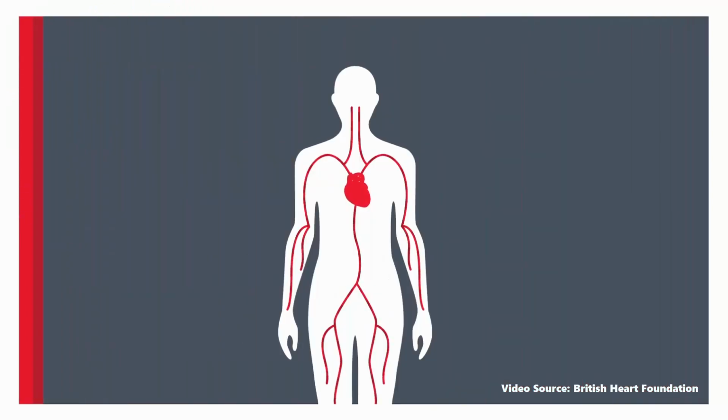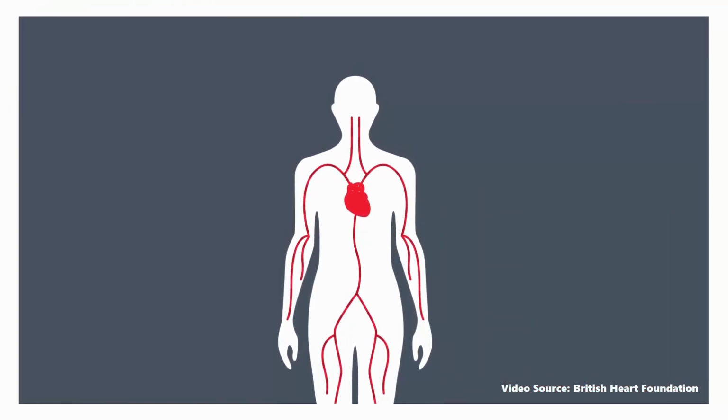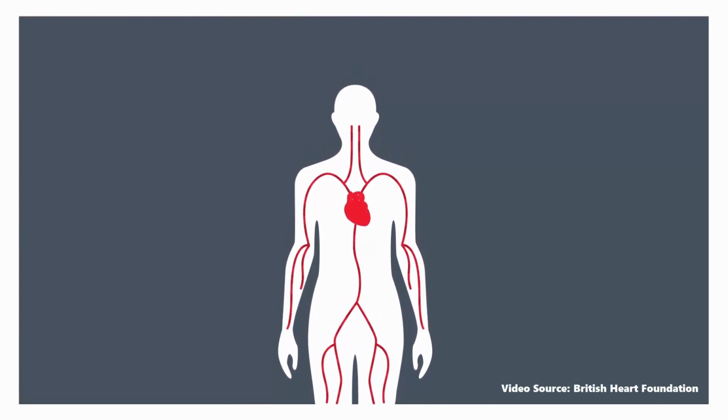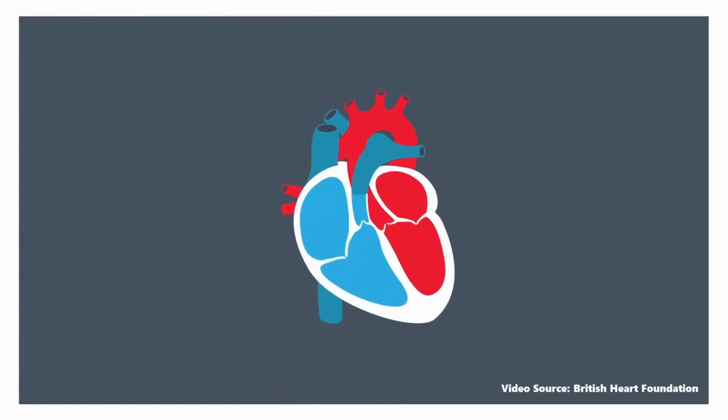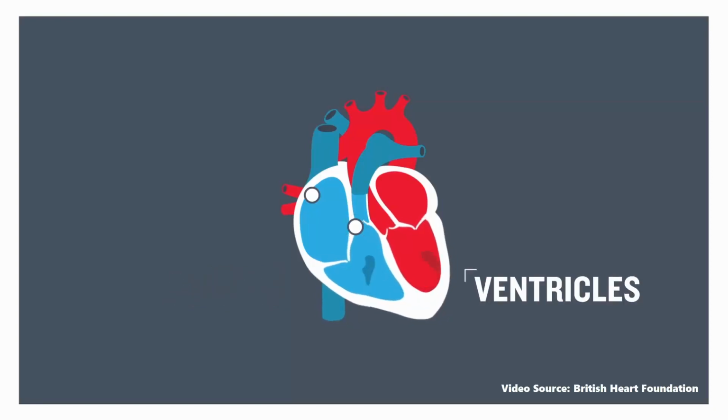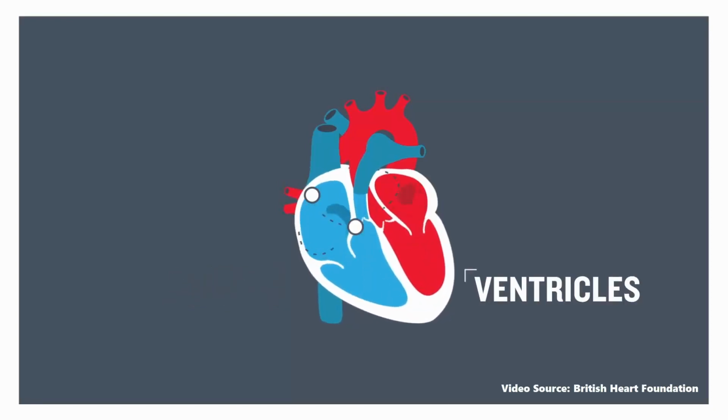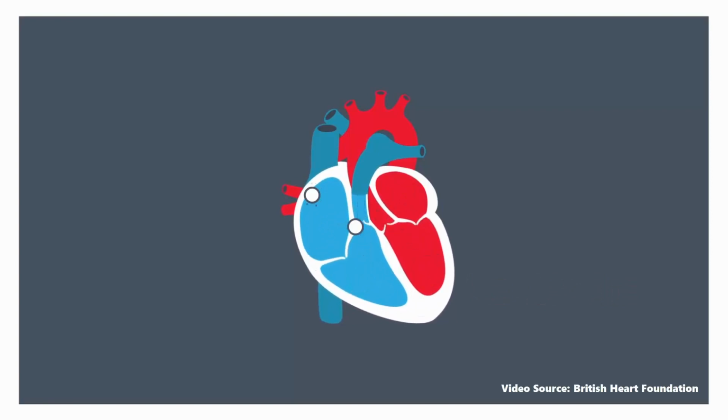Your heart. It pumps blood around your entire body, coordinated by an incredible electrical system. Normal heartbeats begin when your SA node fires an electrical impulse. This makes your atria contract, forcing blood into your ventricles. When the impulse reaches your AV node, it pauses before moving through your ventricles. This makes your ventricles contract, forcing blood out of your heart and around your body.